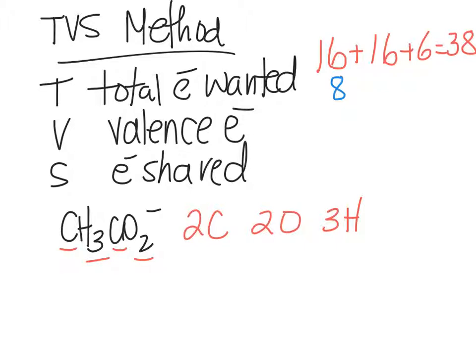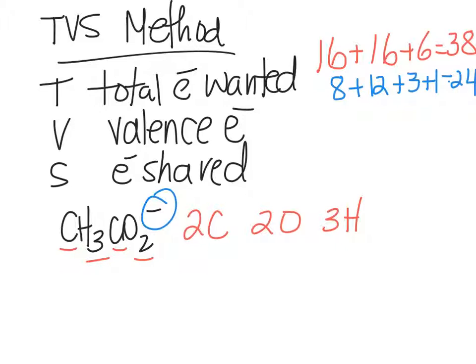Oxygen brings 6 electrons. There's 2 of them, so we bring a total of 12. Hydrogen brings 1 valence electron. There's 3 of them, so we've got 3 valence electrons. And then the negative charge. So 8 plus 12 is 20, plus 3 plus 1 is 24.